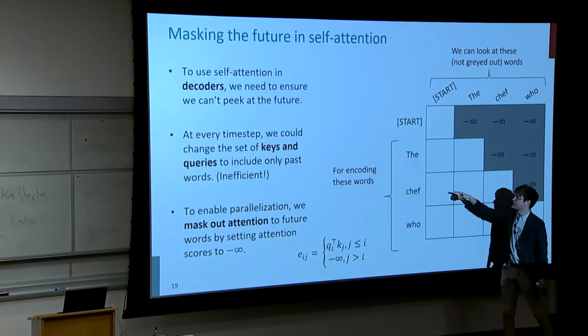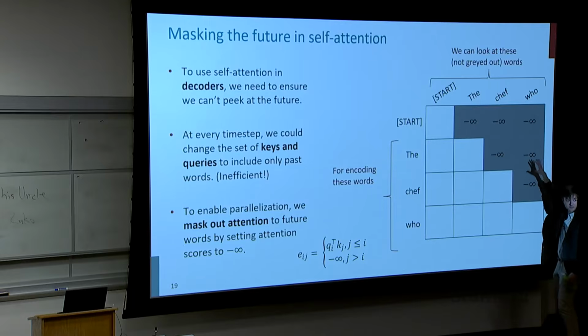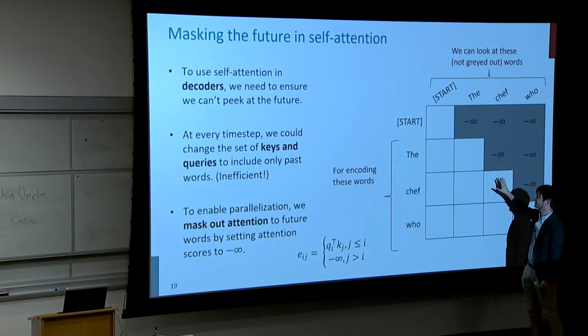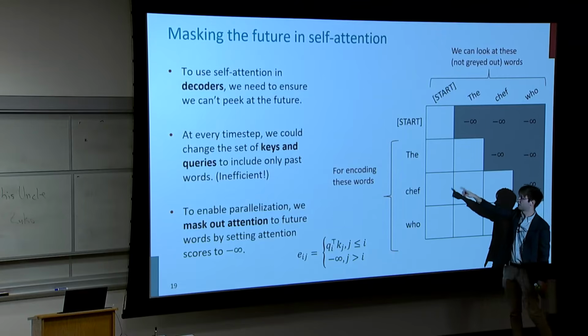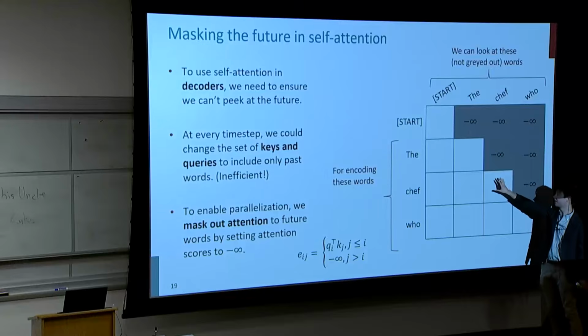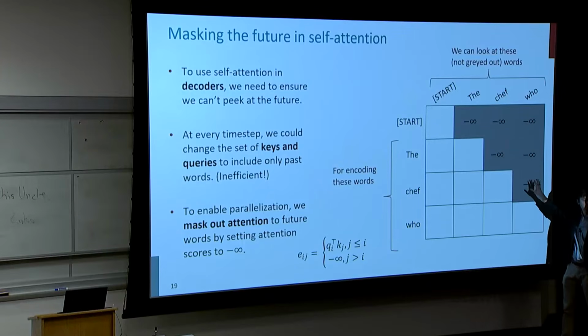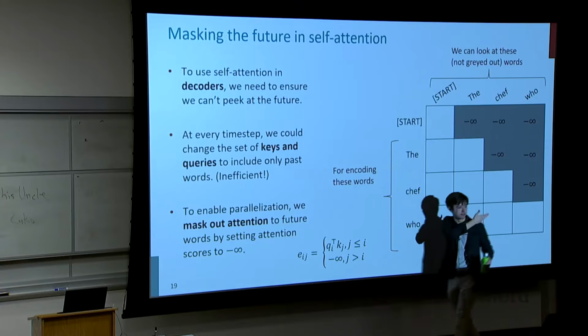When encoding chef, I can look at start, the, chef, but I can't look at who, right? And so with this representation of chef that is only looking at start, the, chef, I can define a probability distribution using this vector that allows me to predict who without having cheated by already looking ahead and seeing that, well, who is the next word.